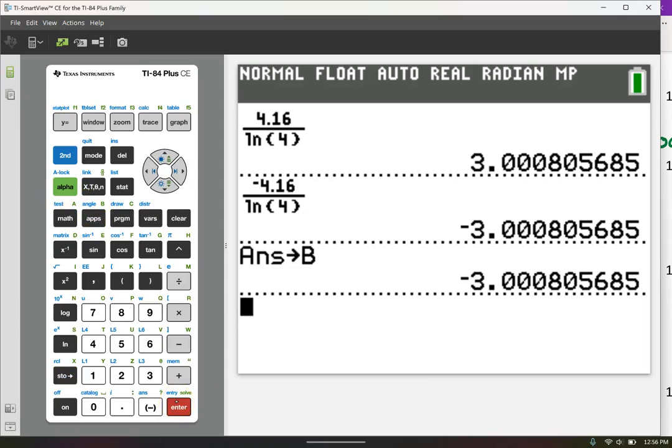So now anytime I use the letter B, it will have that value. If I store something else in B, obviously the B value will change, but for right now, B is that value.